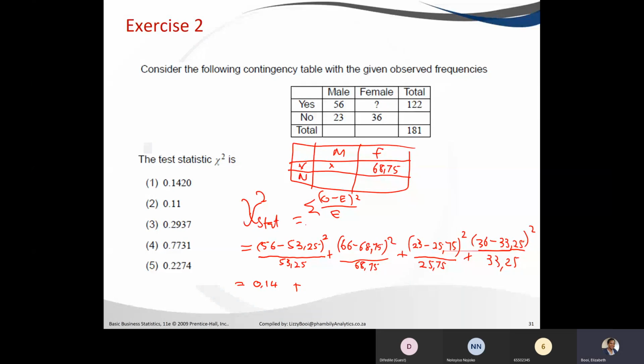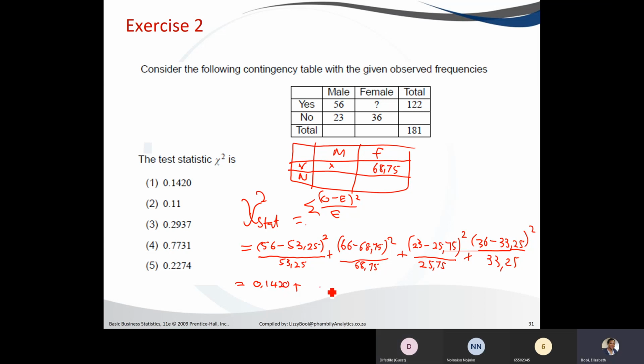Are you still calculating? 56 minus 53.25, squared, divide by 53.25 equals 0.1420.